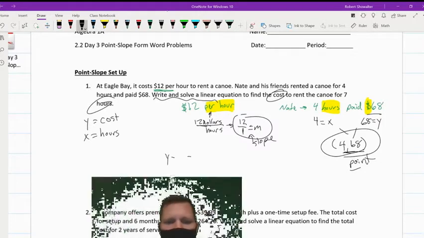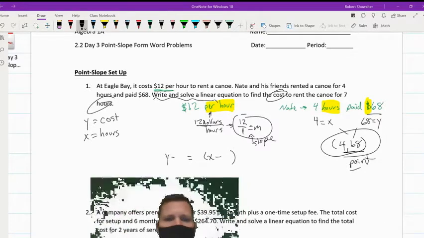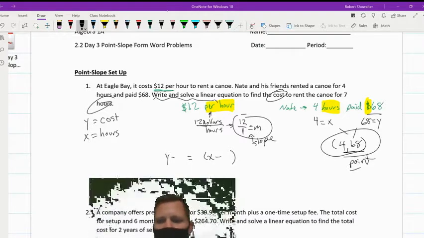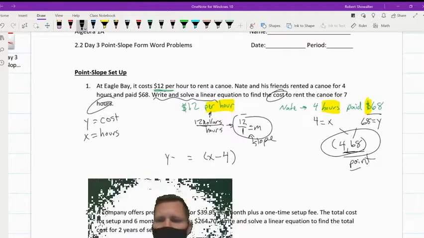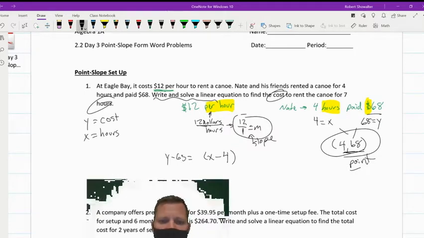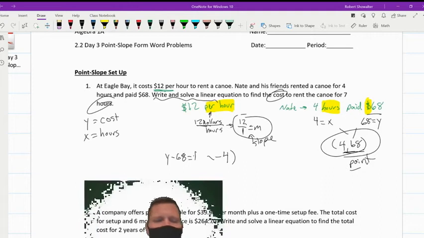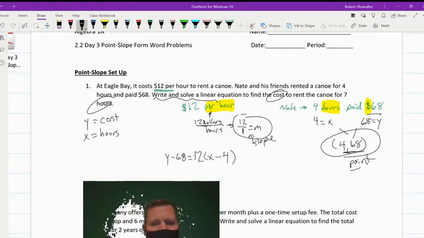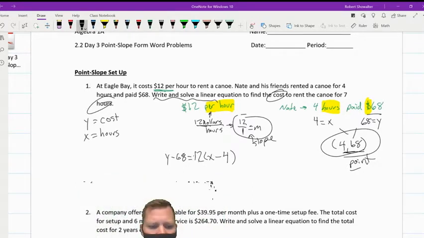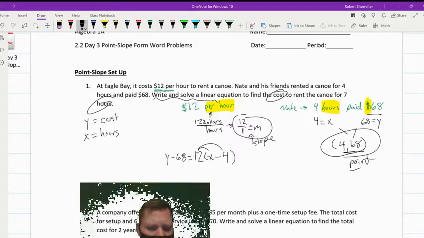y minus, x minus, set it up just like that. We have our x coordinate being 4, we have our y coordinate being 68, and we have our slope being 12. After we write all of that in, we can turn around and distribute and solve it for y to get it in slope-intercept form to clean it up a little bit.